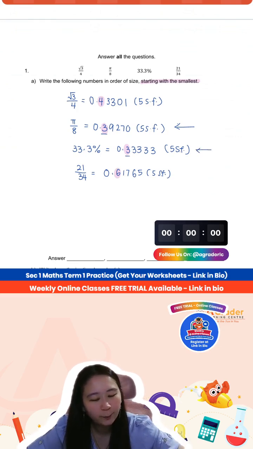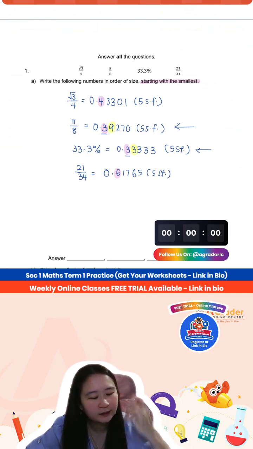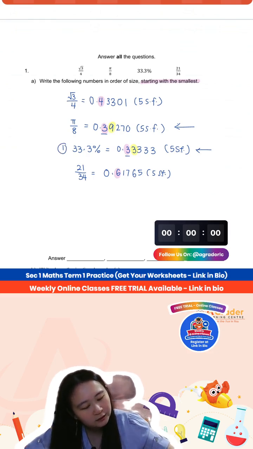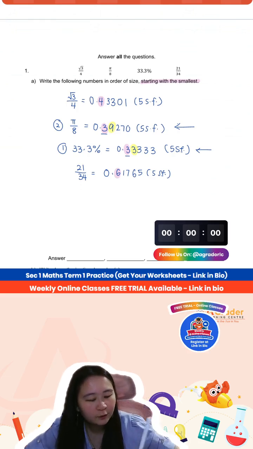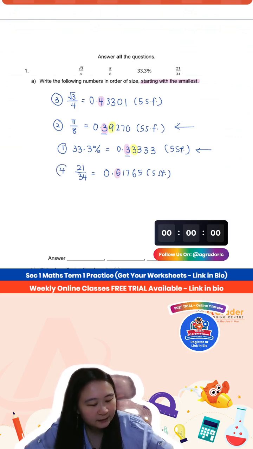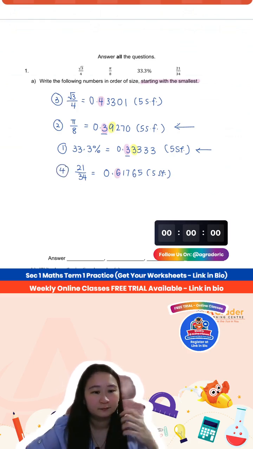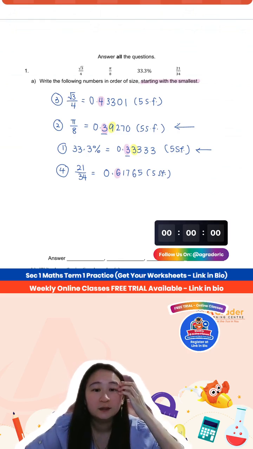So we have to compare the second decimal place. One is 9 and one is 3. So 3 is smaller. So this is the smallest, followed by this, then followed by 0.4. Lastly is 0.6.